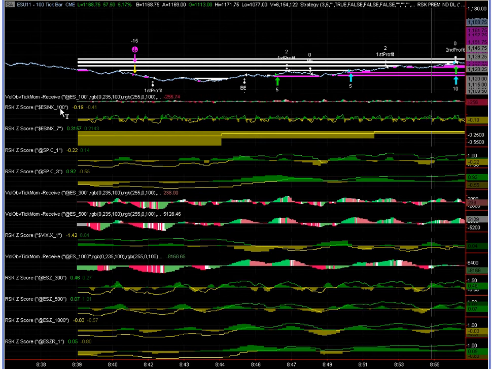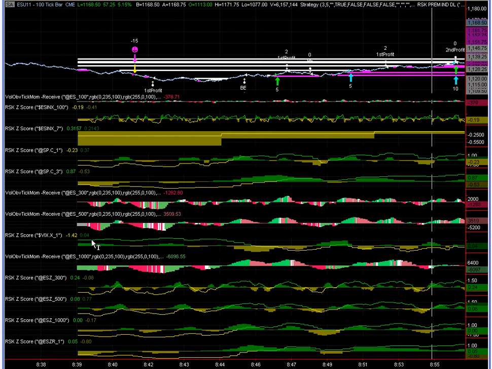So we have the premium set at 100 ticks or 7 minutes, the large contract at 1 tick or 3 ticks. We have a 3 and a 500 ES tick set up on our volume. We also have the 1000 down here.